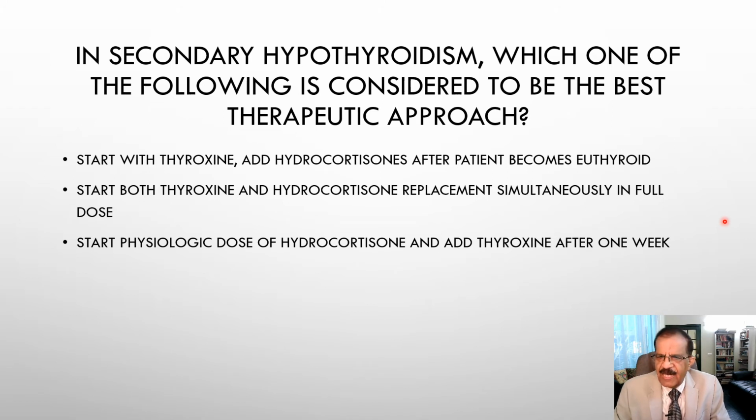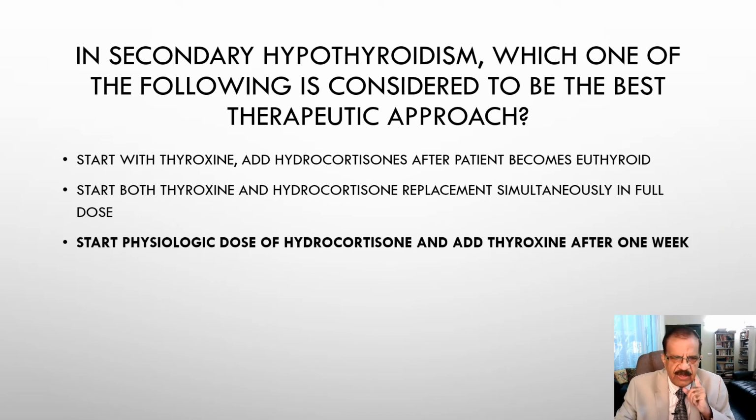If you have attended my lecture on thyroxine replacement, I think it should be easy. Even otherwise, if you have read this topic elsewhere, you should be able to answer. Now let me display the correct answer: start a physiological dose of hydrocortisone. We don't really know how much cortisone this patient would need.